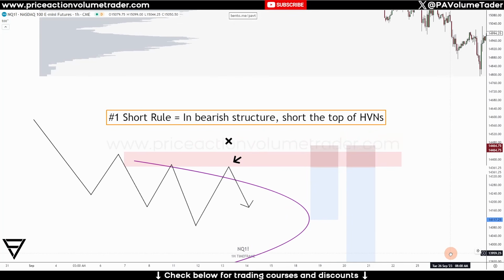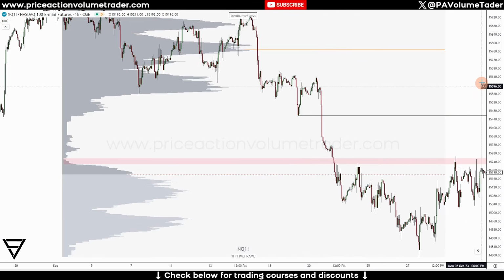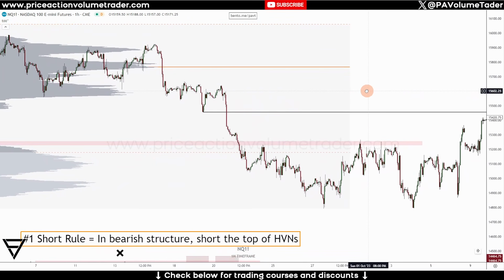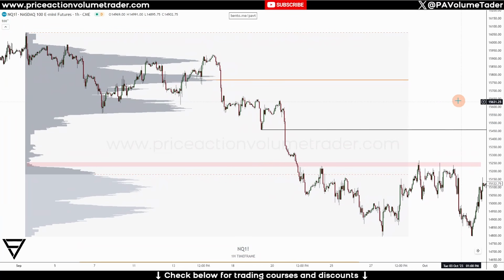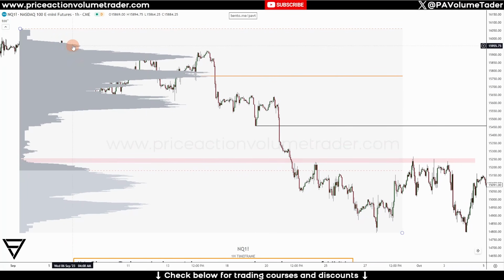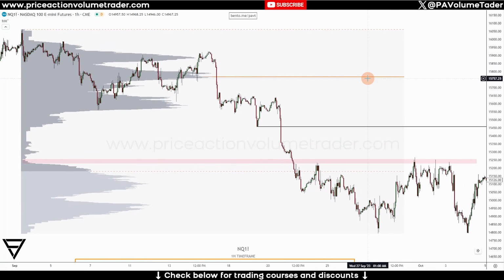And if we go up here, let me zoom out, and here we're looking at an example on the NASDAQ market on the 1 hour time frame.